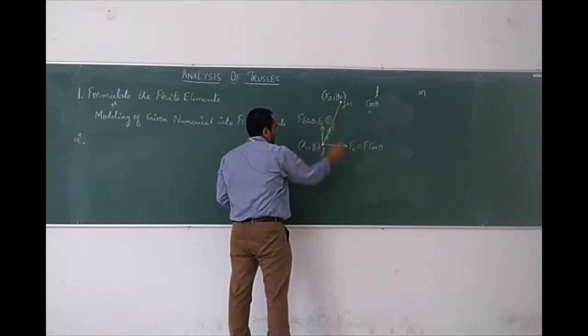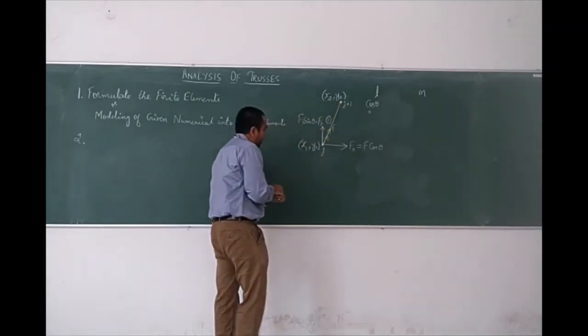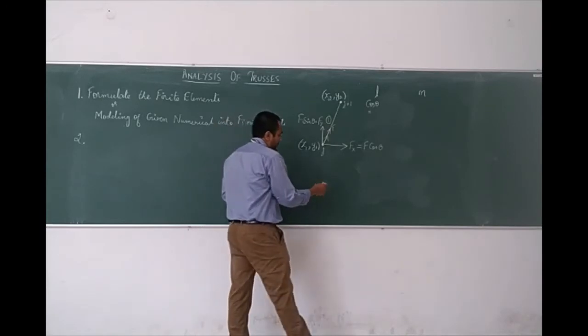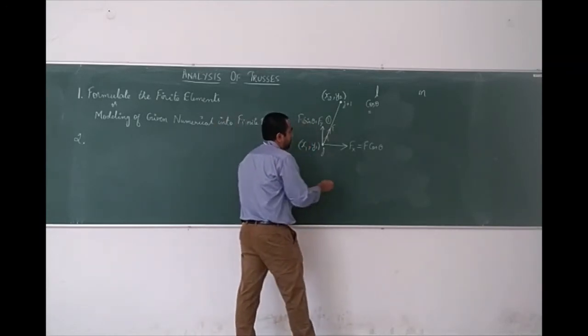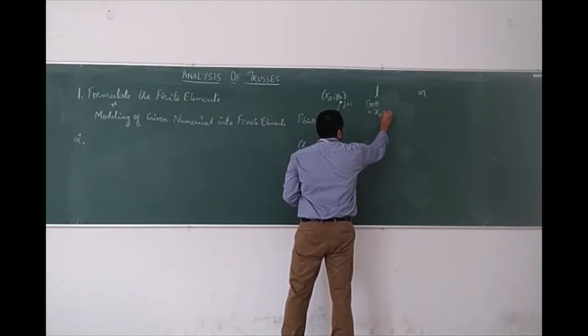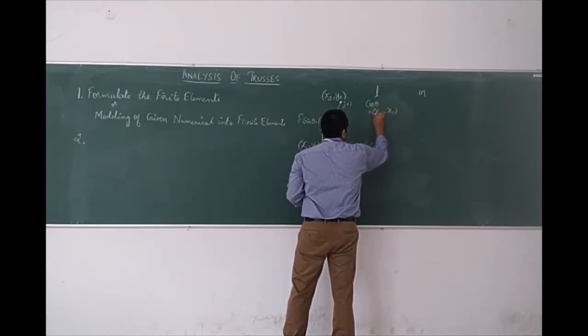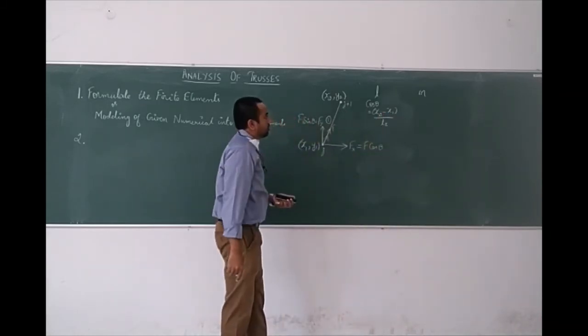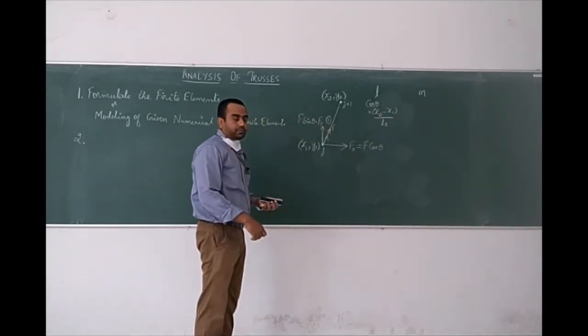If I want to simplify the diagram for you, how is it x2 minus x1 divided by L suffix e? So how do you get this?